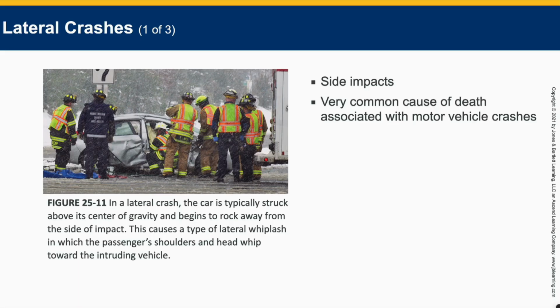The body's pushed sideways, and you often get a type of lateral whiplash where the head and shoulders are thrown towards the point of impact. So right away, you should be thinking about injuries to the head, neck, chest, and abdomen on the side that it was struck. Again, that mechanism tells us a story. In lateral crashes, that story usually involves a high risk for serious internal injury.